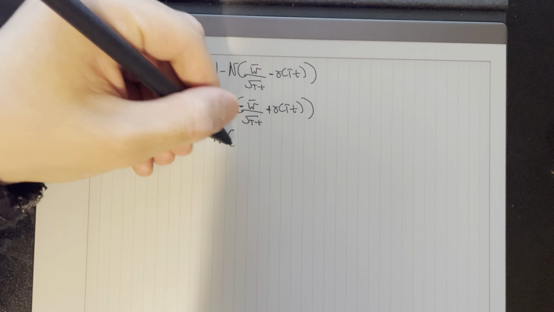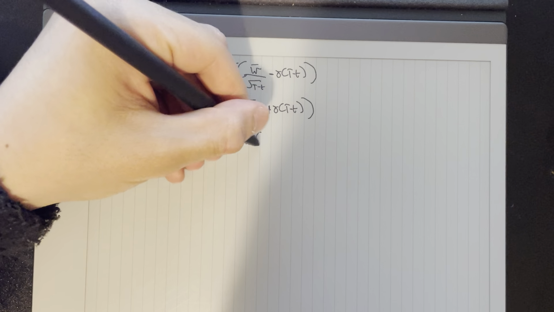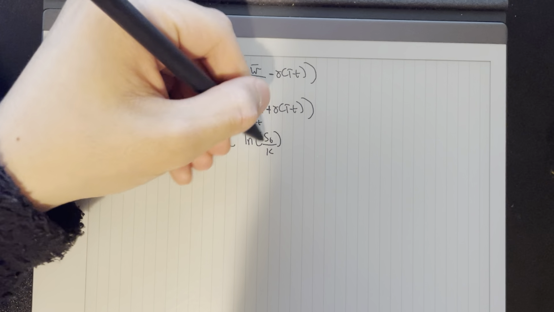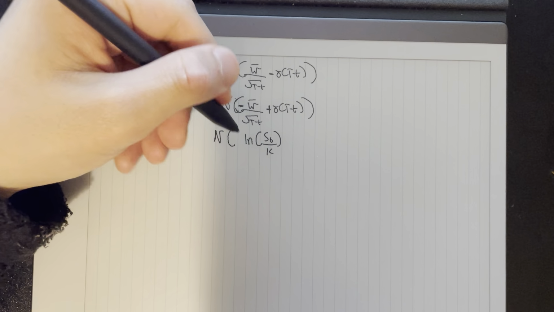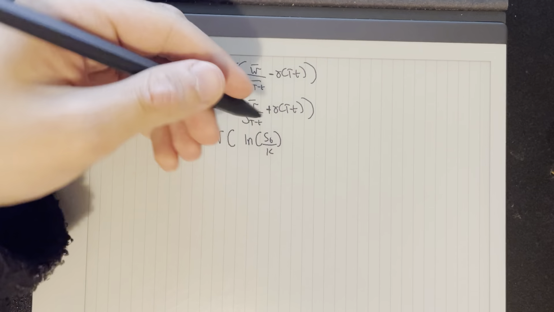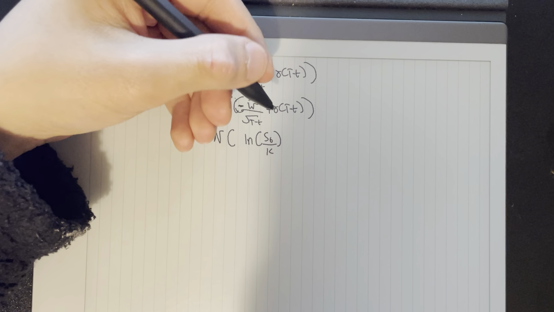Focusing on this part of the equation, we would have log of S_T over K, because there's a negative sign, and with logs, if we're dividing and we have a negative sign, we can simply switch the order, and that gives us the equivalent thing.